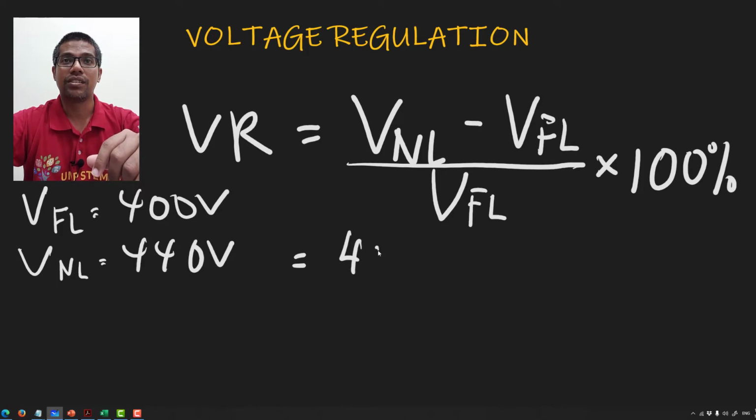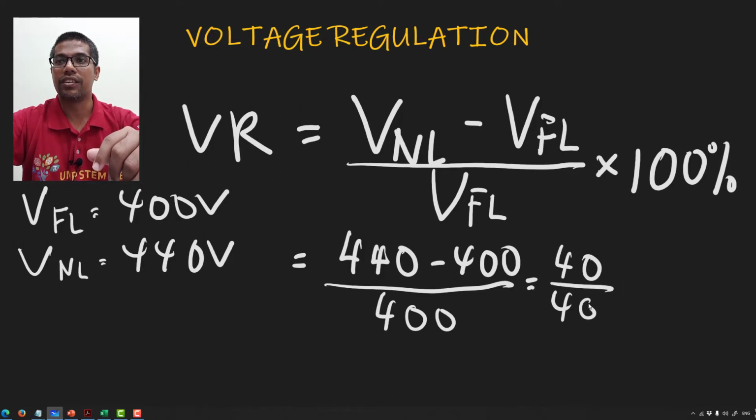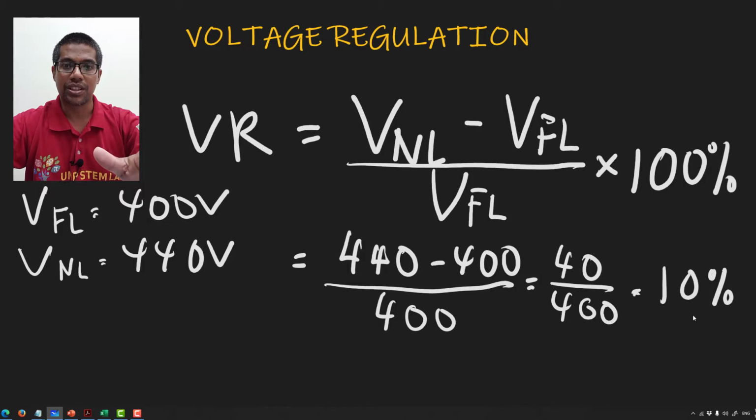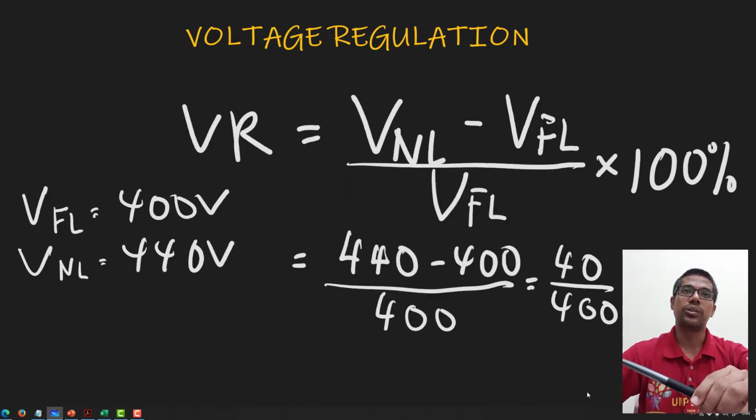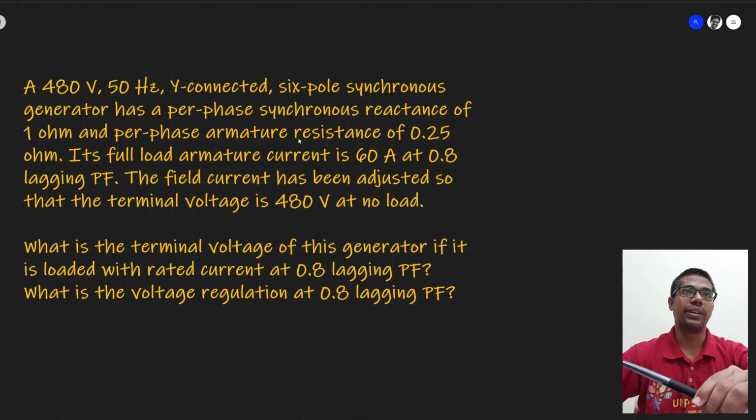That means 440 volt minus 400 volt, divided by 400 volt. That means 40 over 400, so you get 10% voltage regulation. Now we go to our normal example that you will see.